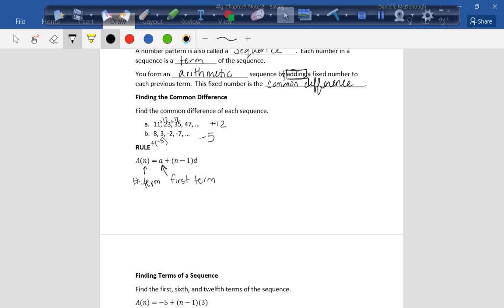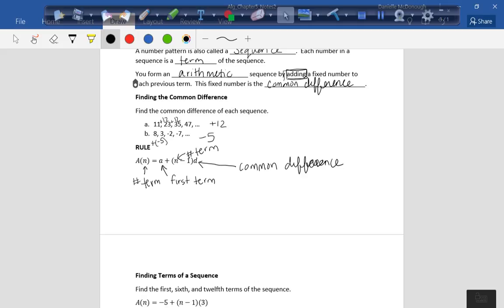So whatever the first term is in the sequence. And then this n is the same as the n over here. It's the number term of the sequence. And then this d is the common difference. So what is being added to it every single time?